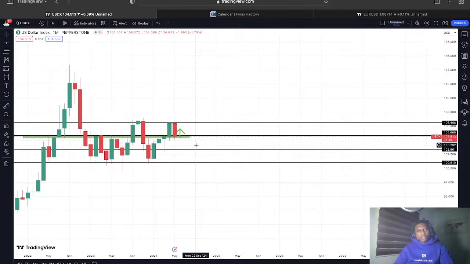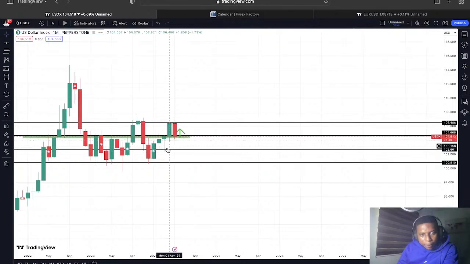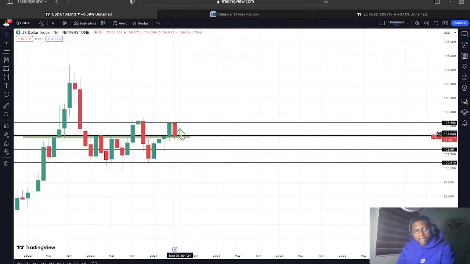Now this major support zone is the one that this bullish pin bar actually broke out from, and this is the breakout candle from this resistance zone. Now there was a pullback, and that pullback is still sitting close to the support zone, at the region where the breakout happened.